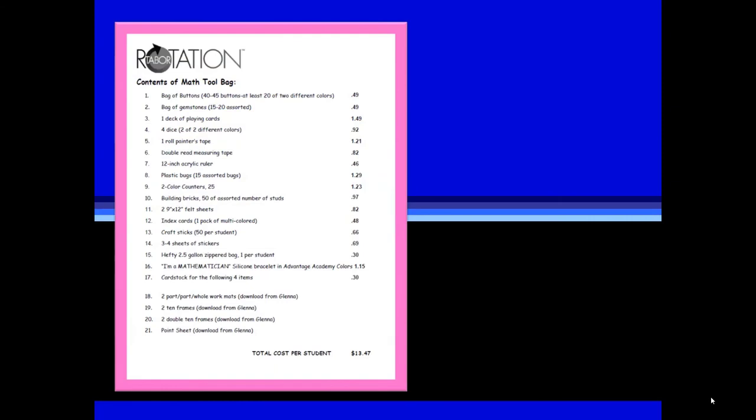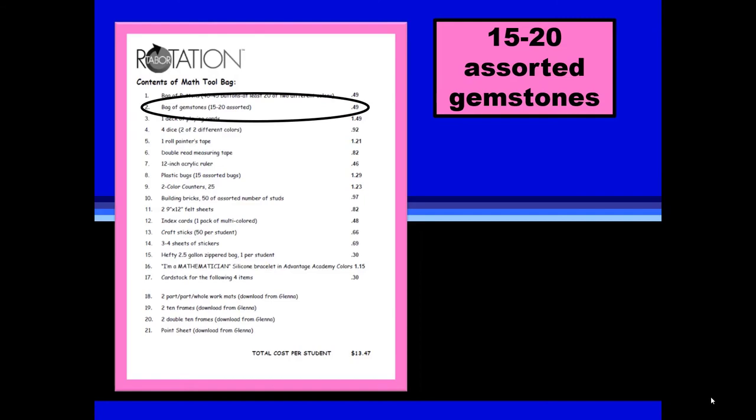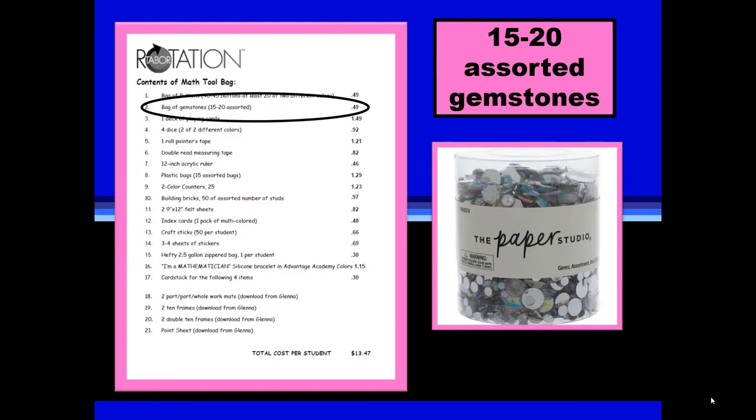Another item that is appealing to students of all ages, 15 to 20 assorted acrylic gemstones. They're also available in big buckets so that you can easily divide them amongst your students. There are many uses for acrylic gemstones. They can replace buttons or be used in conjunction with buttons.